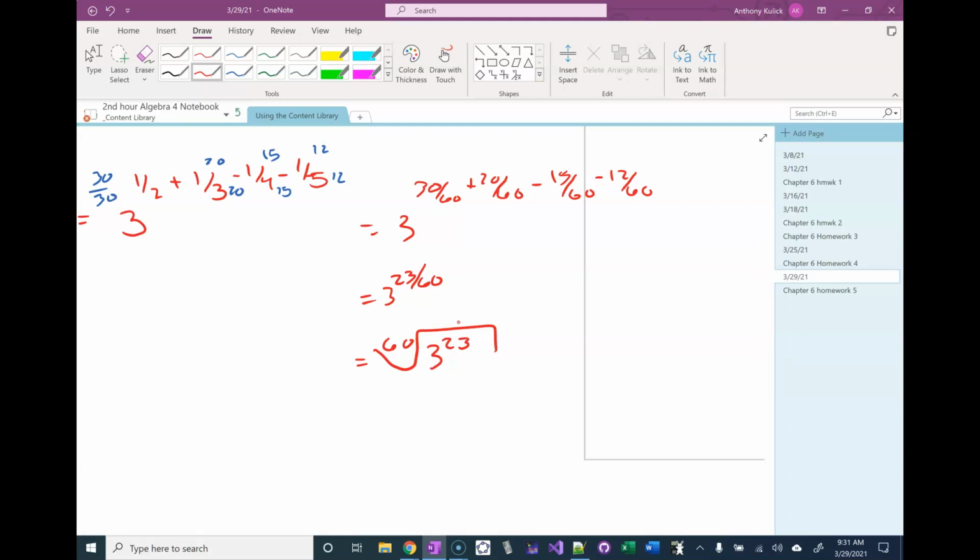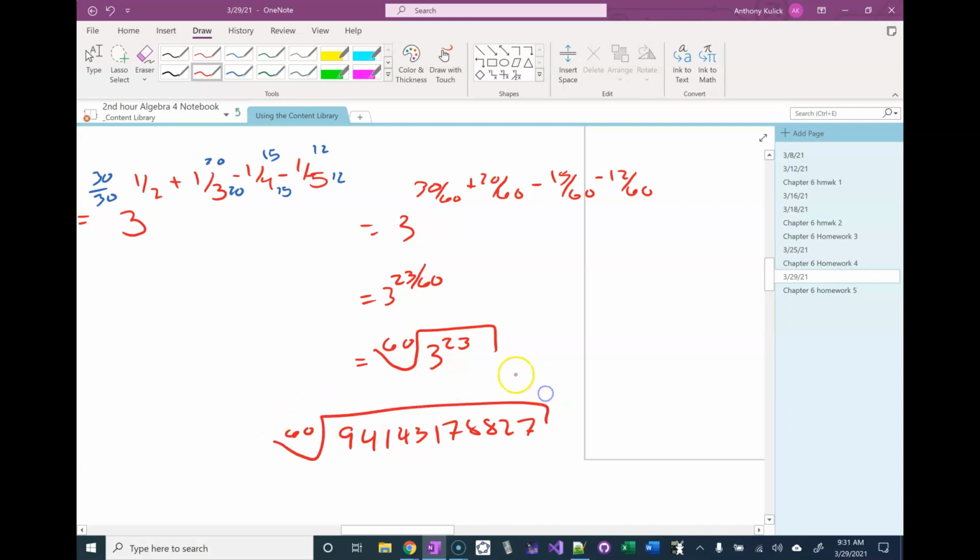You get some godforsaken big number. Let's see what I get when I do that. 941,431,78827. But you could leave it as 3 to the 23rd. I wouldn't be mad at that.